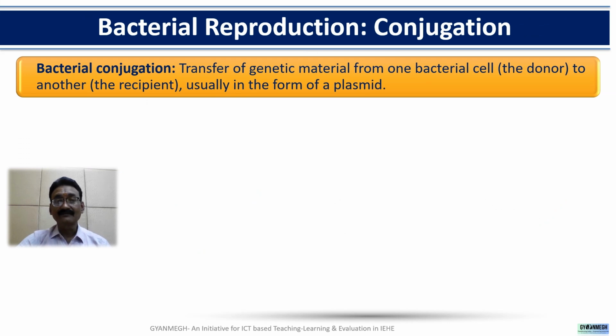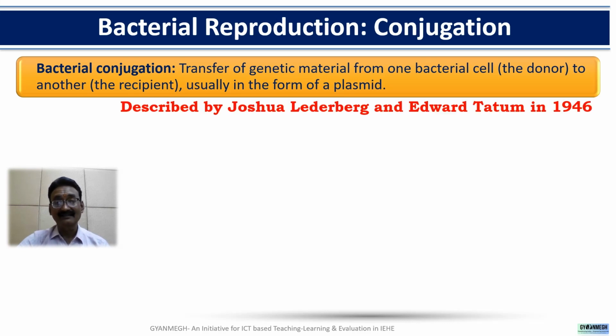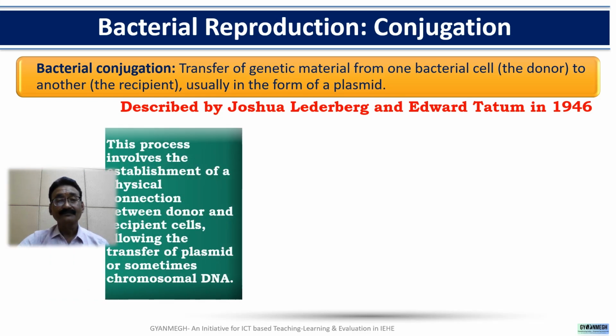Conjugation is the transfer of genetic material from one bacterial cell to another, usually in the form of a plasmid, with the help of a pilus, a connection between two bacterial cells. It was described by Joshua Lederberg and Edward Tatum in 1946.